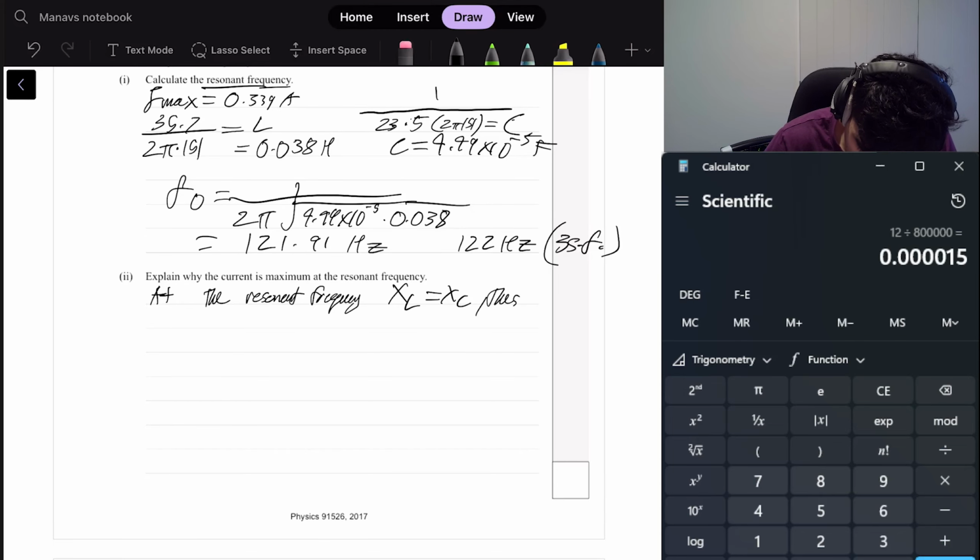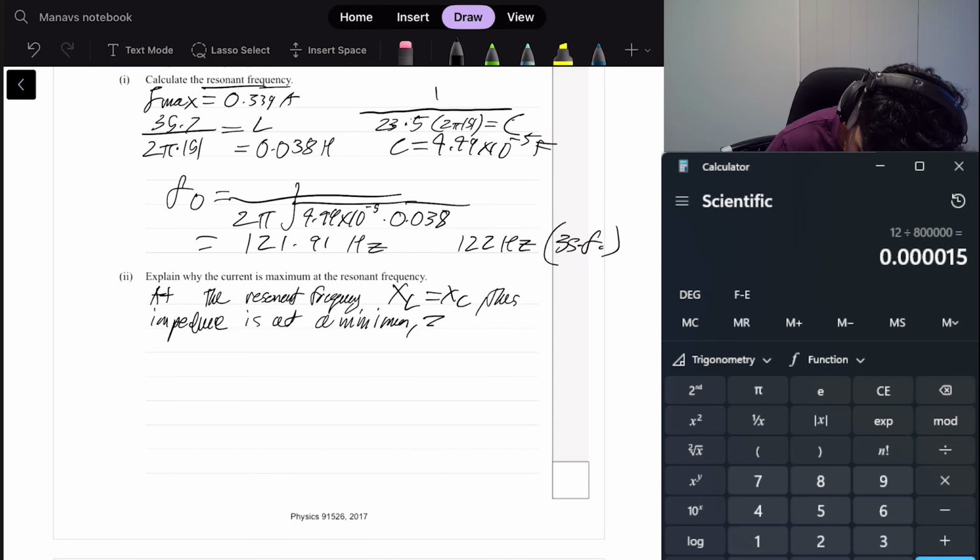Thus, impedance is at a minimum, as Z is equal to the square root of R squared plus (XL minus XC) squared.